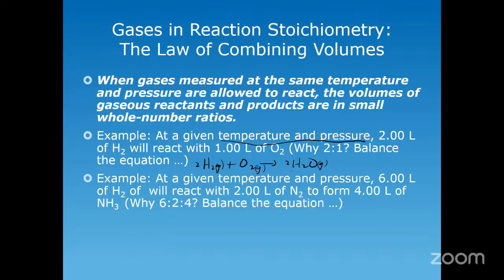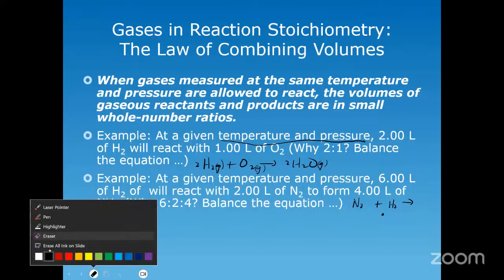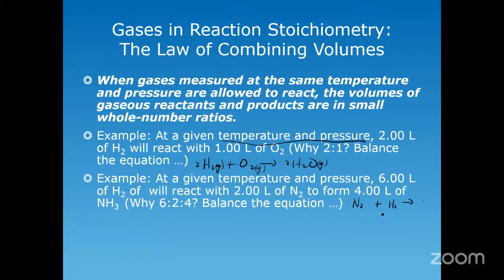Here's another example. At a given temperature and pressure, 6 liters of hydrogen will react with 2 liters of nitrogen to form 4 liters of ammonia. And again, this is based on the balanced equation, which would be N2 plus H2 to give ammonia, which is NH3. And to balance this, we're going to need a 3 here, 1 here, and a 2 here.